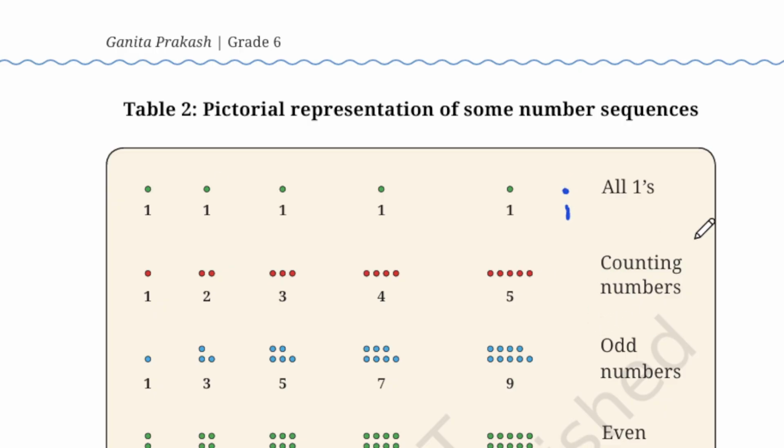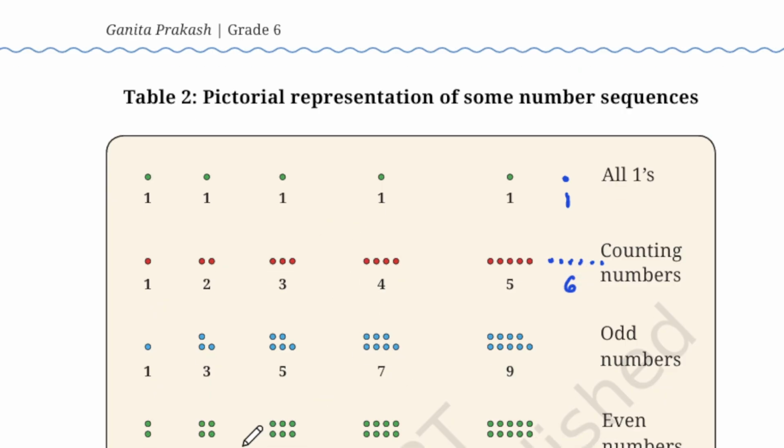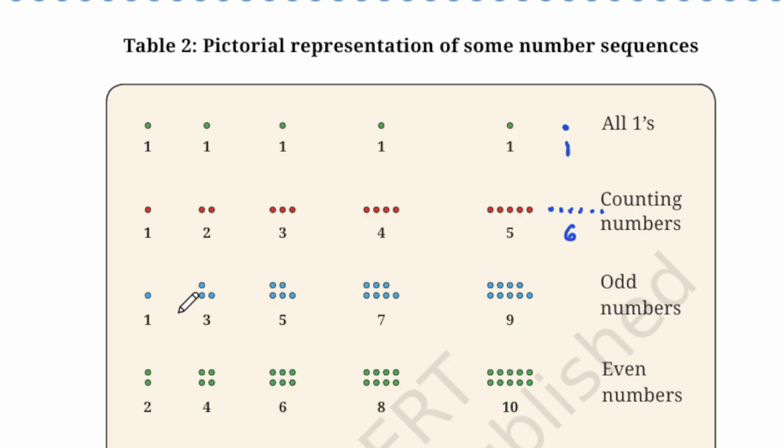Okay, the next one is counting numbers. Counting numbers 1, 2, 3, 4, 5. So the next would be 6. Okay, next is odd numbers. Odd numbers are numbers which are not divisible by 2. So we have 1, 3, 5, 7, 9.